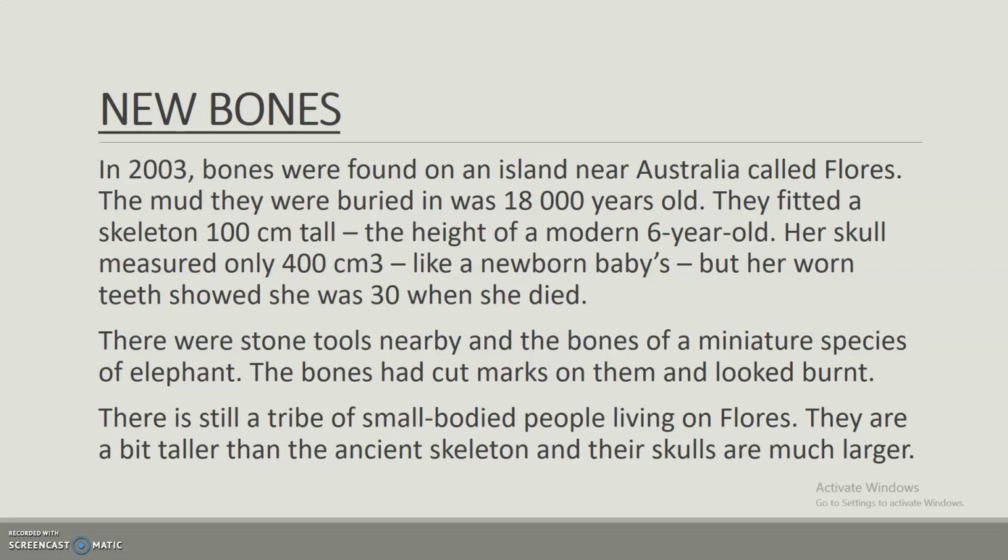Okay, the ancient skeleton was very small. It was only 100 centimeters tall. But nowadays, the small bodied people still living on Flores are a bit taller than the ancient skeleton and their skulls are larger. Because the skull which they got, which was 18,000 years old, was only 400 cubic centimeters. That means that was very small, right?